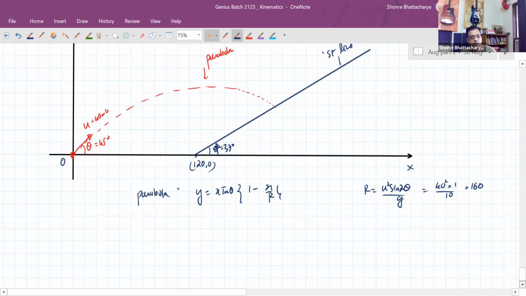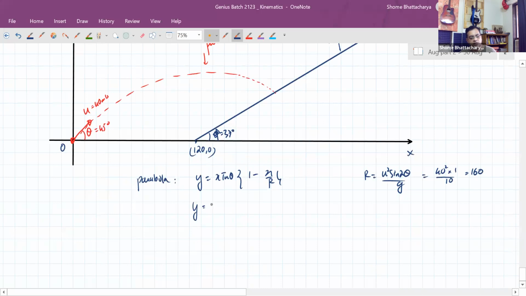So the equation of the parabola is y is equal to x into 1 minus x by 160.